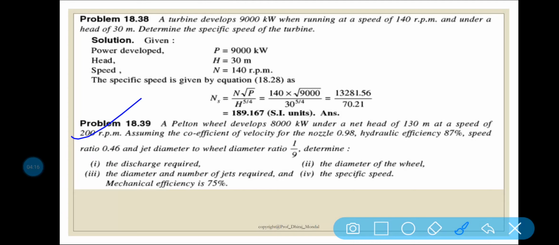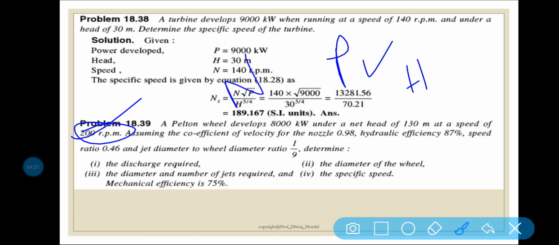Problem number 39. A Pelton wheel develops a power of 8000 kilowatt under a net head of 130 meter, at a speed of 200 rpm.